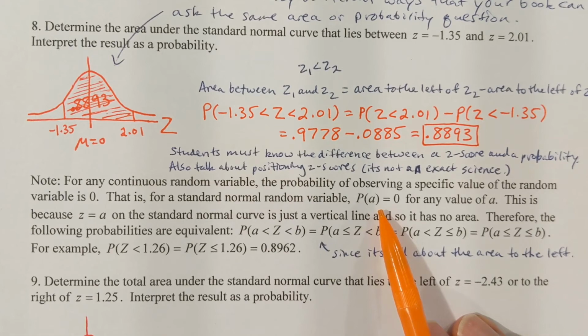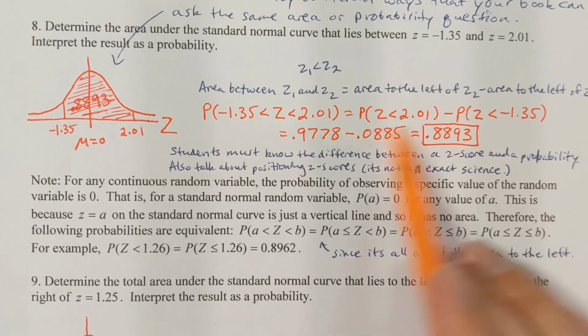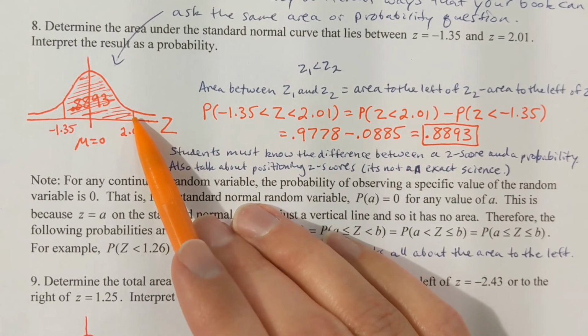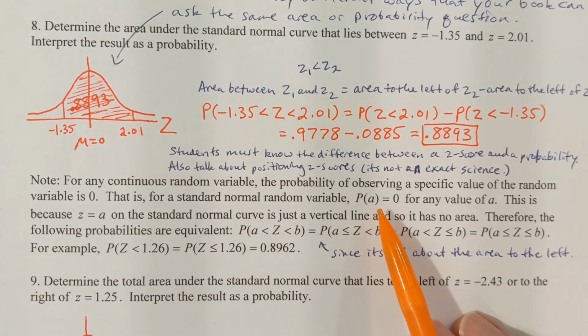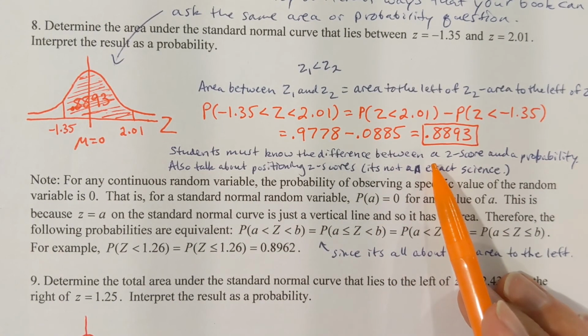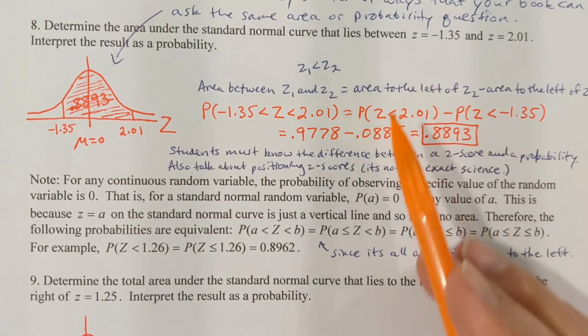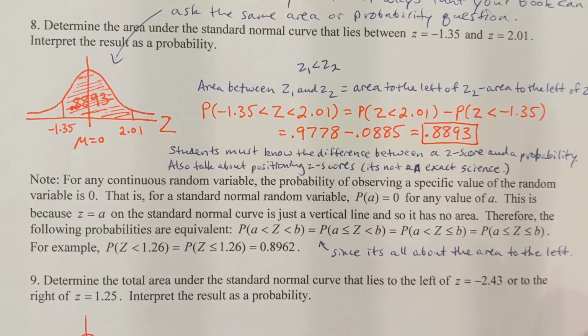That would be 0. The reason is because if you only write probability of 2.01, you're talking about a vertical line which has no area. So that number would be 0, and if done correctly, you would get a wrong answer. We need the z less than or z greater than, whichever is appropriate for the problem.